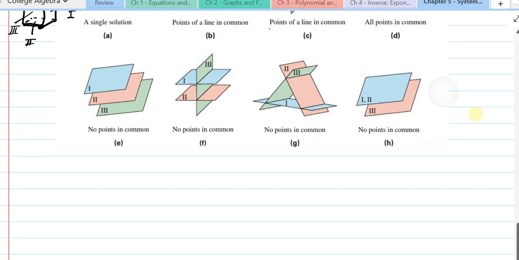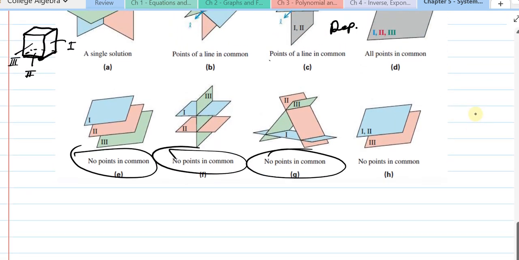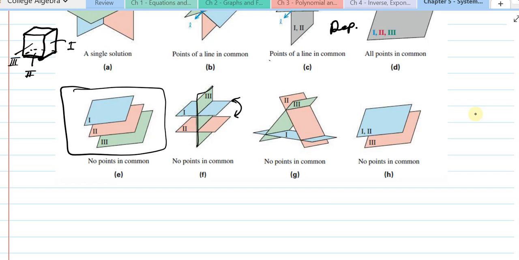And of course, these other ones, they have no points in common, so none of these have solutions. These are all inconsistent systems. They could be 3 parallel surfaces, or let's say 2 of them are parallel. These 2 are parallel, crossed by a 3rd one.